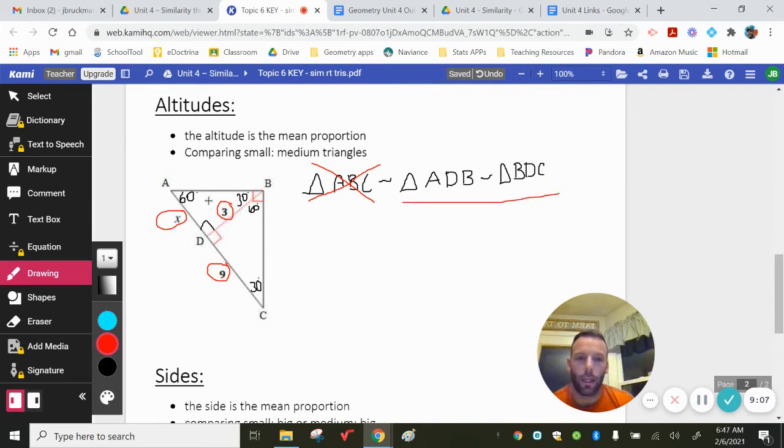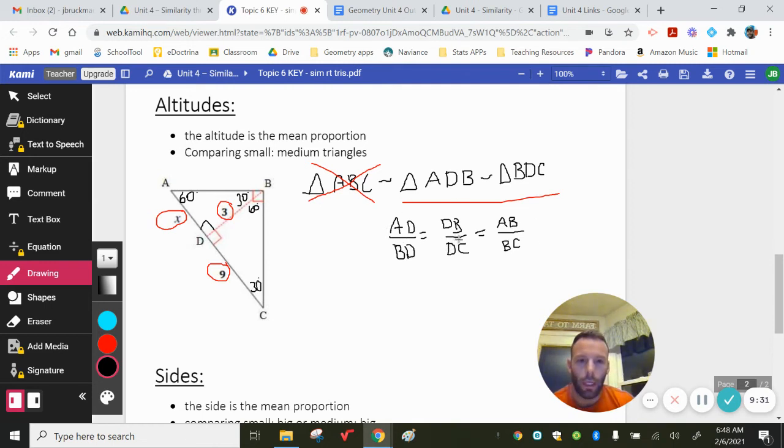And so let me go ahead and now write my sides into a proportion using just those 2 triangles. So I have the side AD corresponds to BD, and then DB corresponds to DC, and finally AB corresponds to BC.